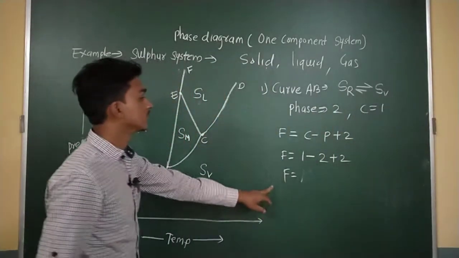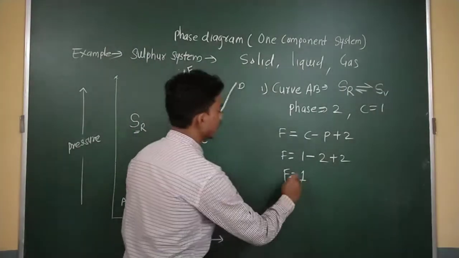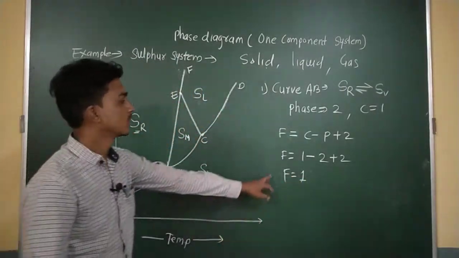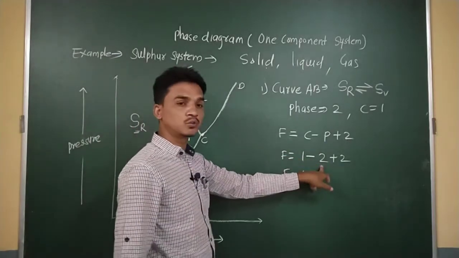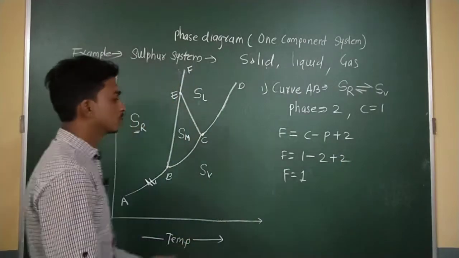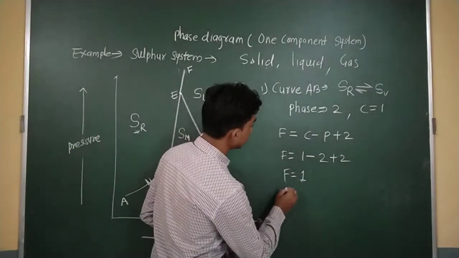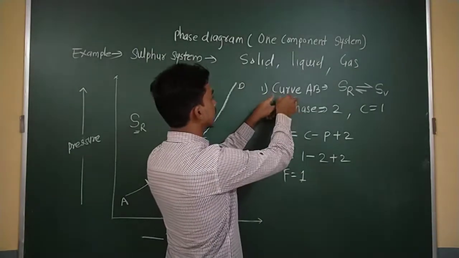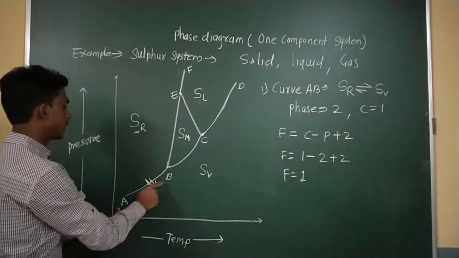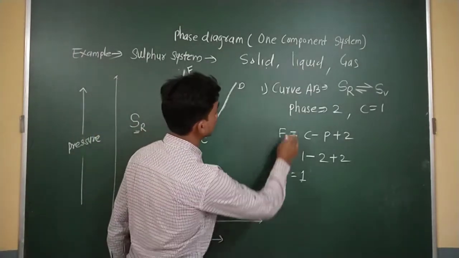Here, how many degrees of freedom? 1 degree of freedom. When I calculate this equation, 1 minus 2 means minus 1, and plus 2 means plus 1. So this curve A to B is a monovariant curve.